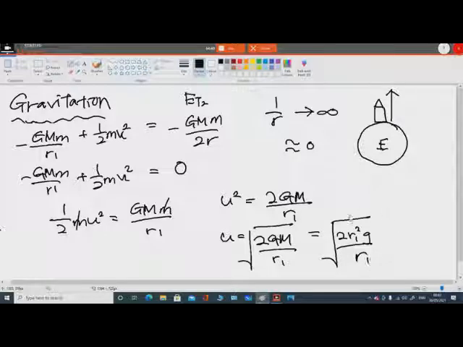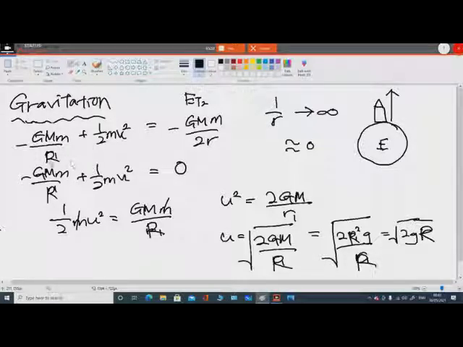So this one will be 2gR. This R is actually the radius of the Earth, the capital letter R. By saying that, the gravitational potential energy is for the Earth acting on the rocket, of course.